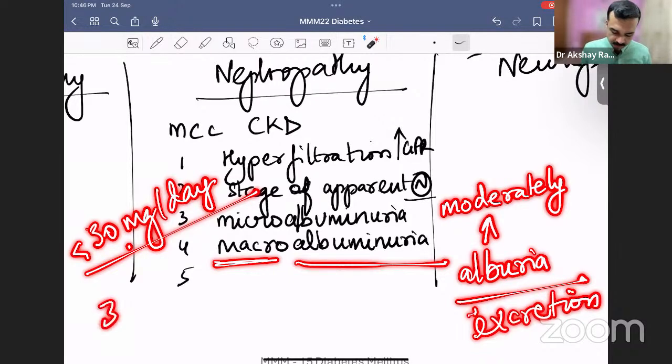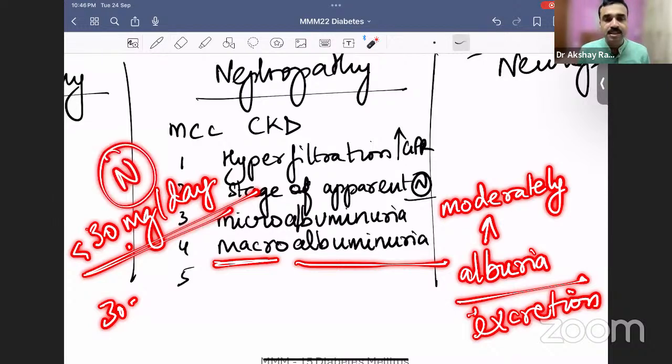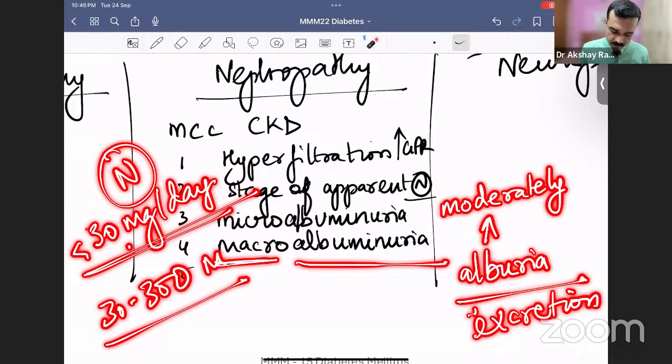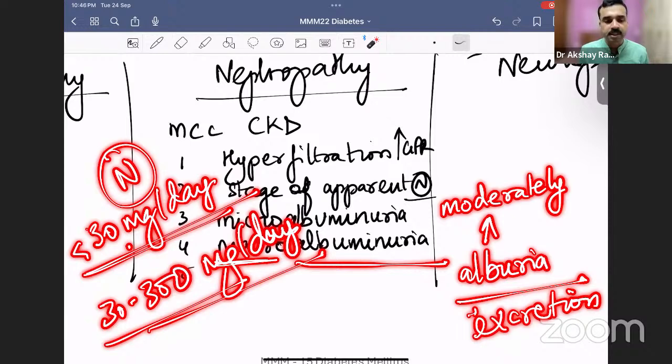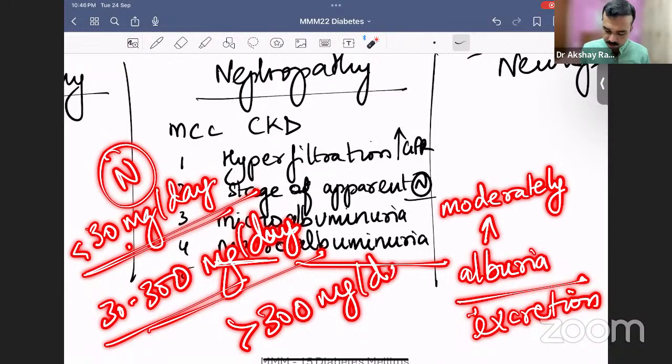Sorry, what did I say? Less than 30 is normal. I'm sorry about that. Less than 30 is normal. 30 to 300 is microalbuminuria, also known as moderately increased albumin excretion. Beyond 300 milligrams per day is known as macroalbuminuria.